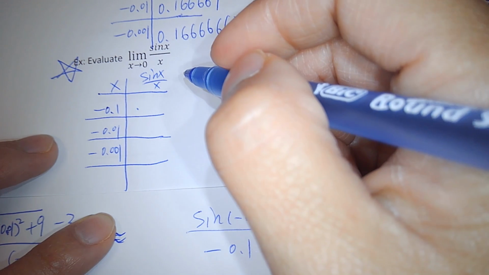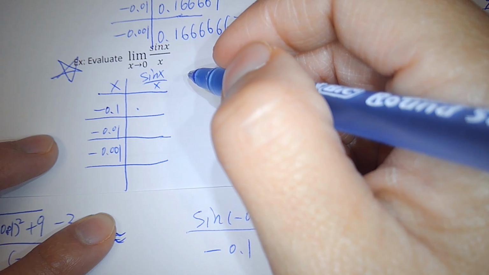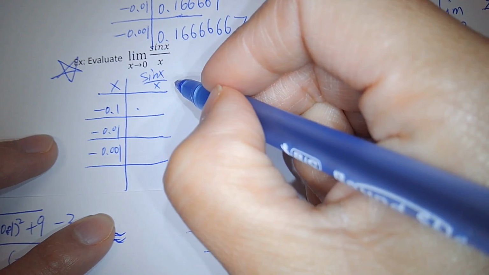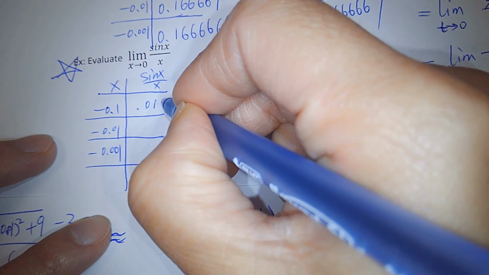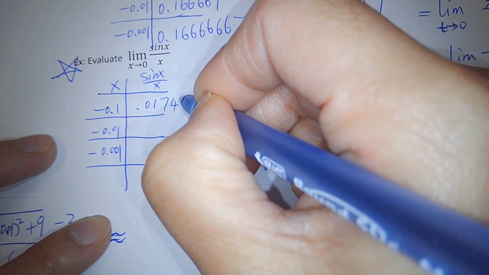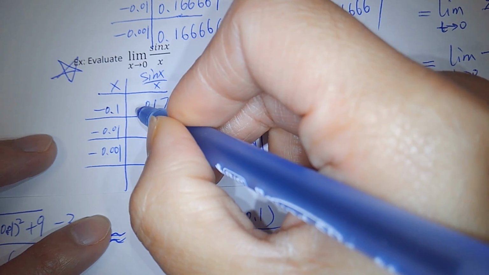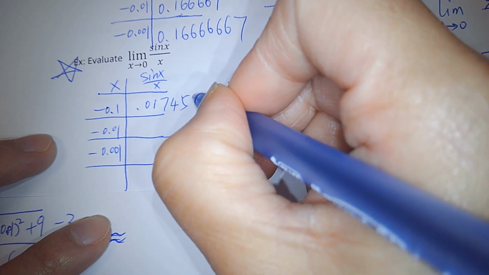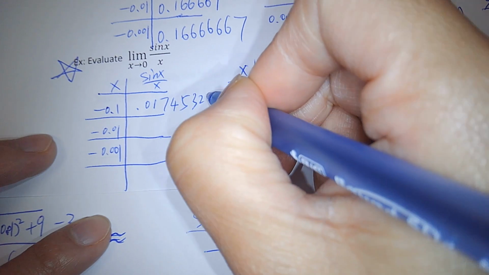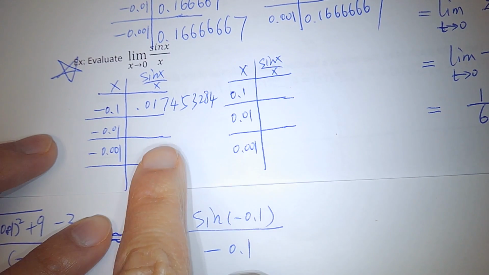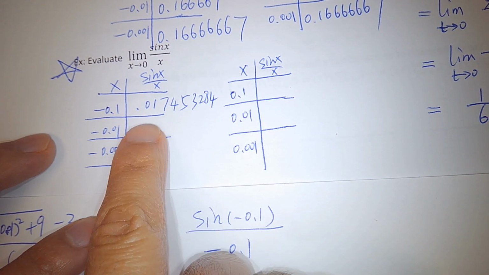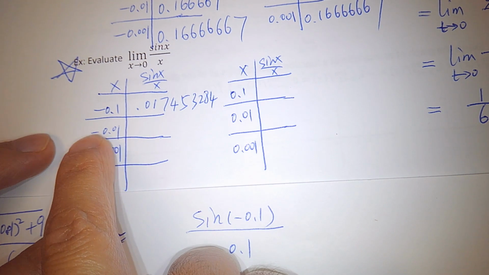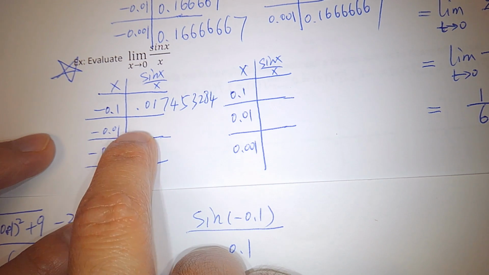As many digits as possible. 0.017453284. And it's the same for both positive and negative. Everybody get the same result? Okay. How about when x equals negative 0.01?